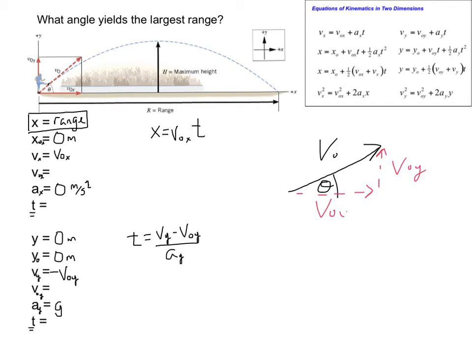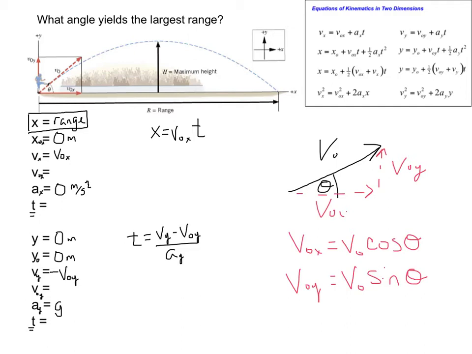And even though we don't know numbers for theta or v initial, we can represent v initial x as simply v initial times cosine of theta, and v initial y is v initial sine of theta. At this point, you should be able to see that fairly quickly and write those relationships down.